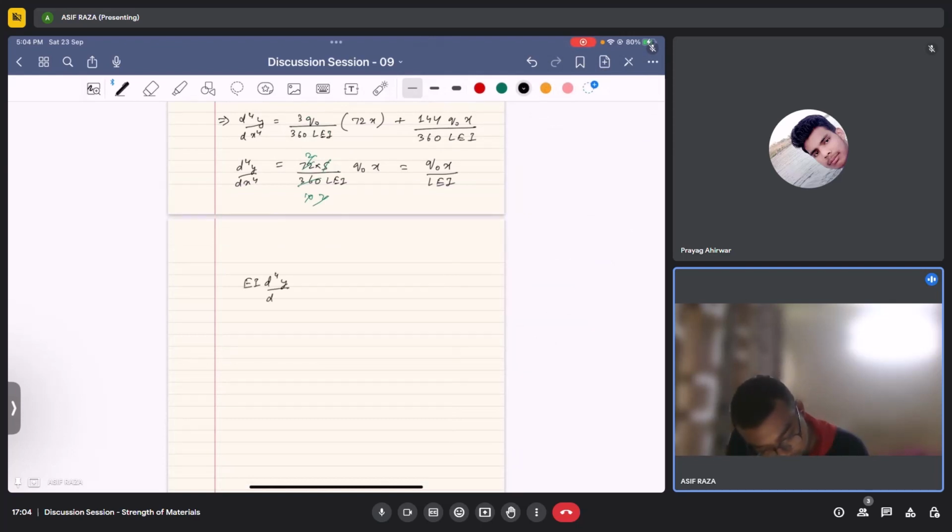EI d4y/dx4 comes out to be q naught x upon L. Okay, this is equation 3.